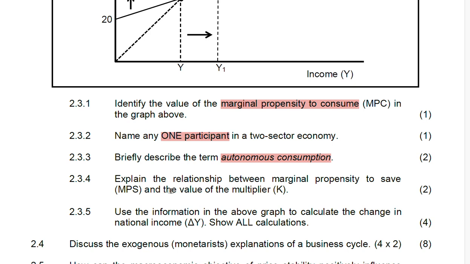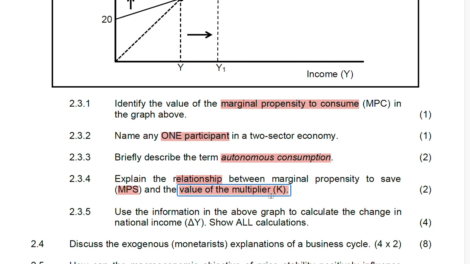2.3.4, explain the relationship between marginal propensity to save and the value of the multiplier. What is the relationship between MPC and the value of the multiplier? There is an inverse relationship between the marginal propensity to save and the multiplier.